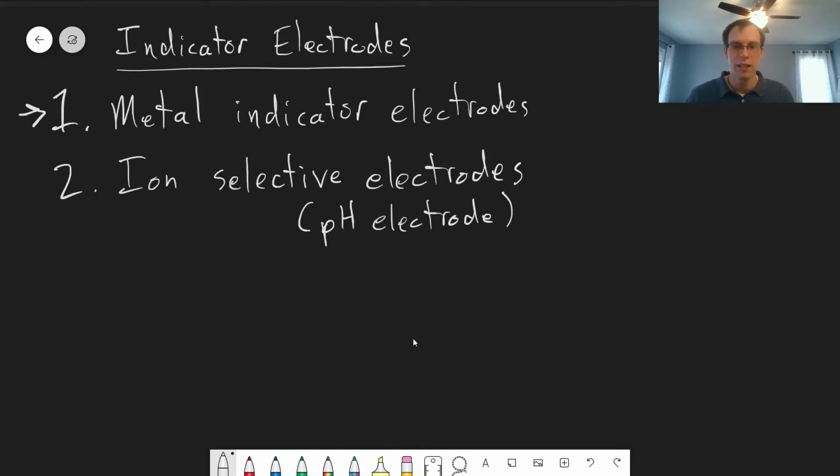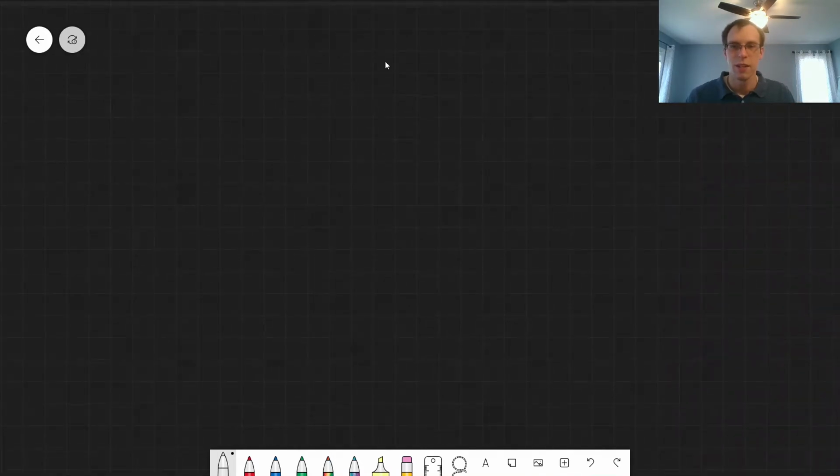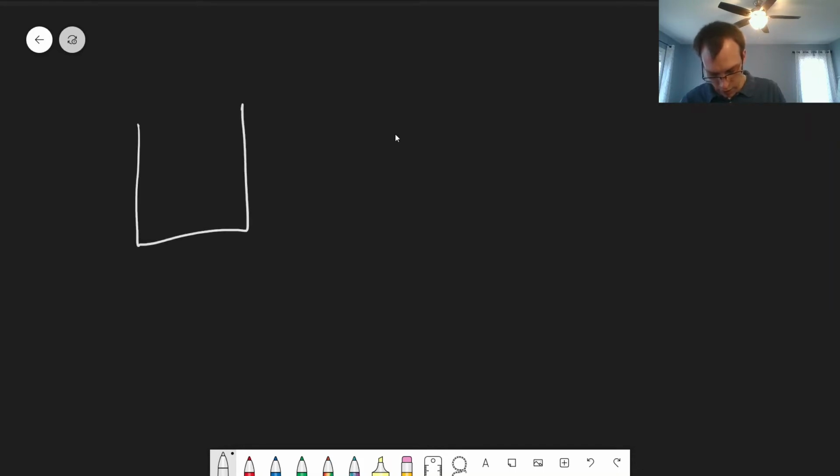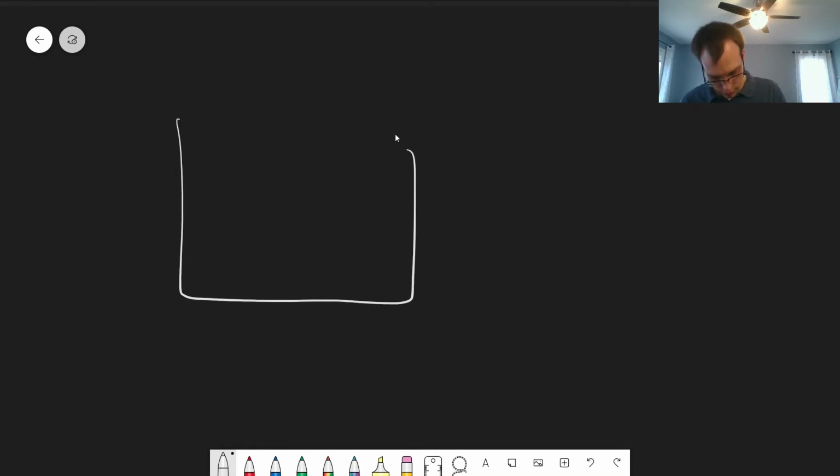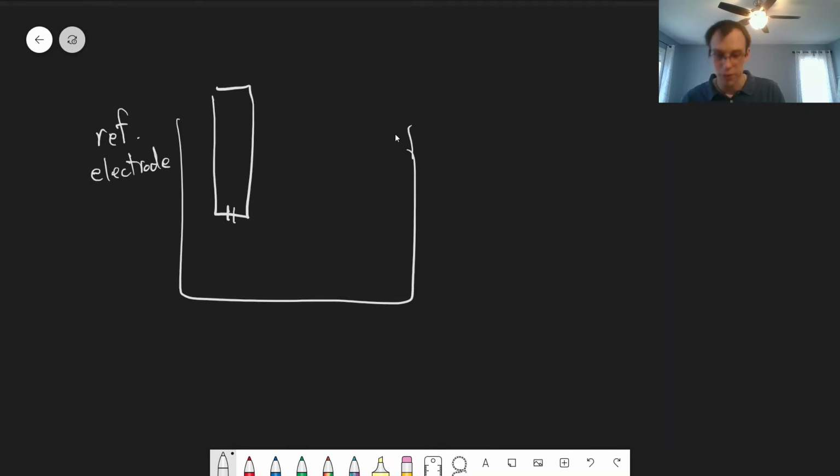And so the idea here is that, let's say we have a, draw a bigger beaker here. Let's say we have a reference electrode here, whether it's the silver chloride electrode or the saturated calomel electrode, that we put into our solution.